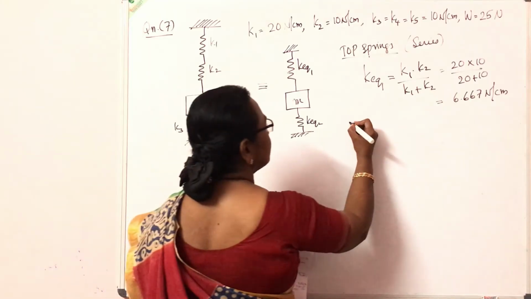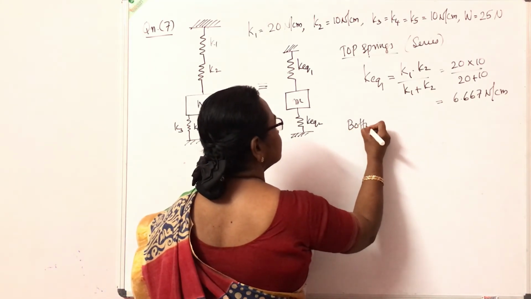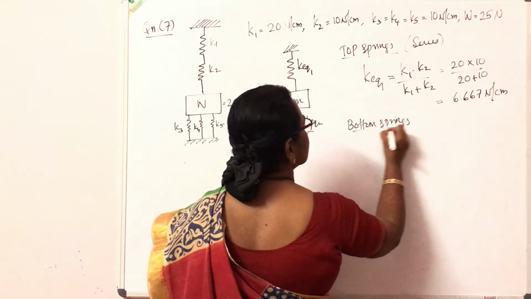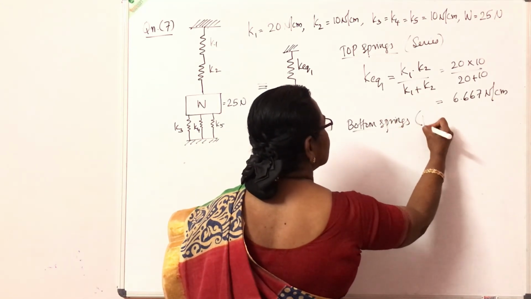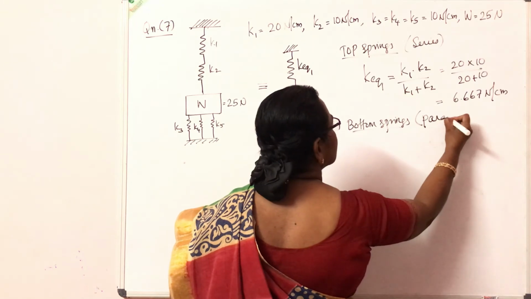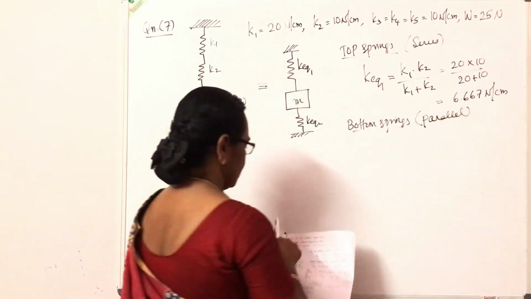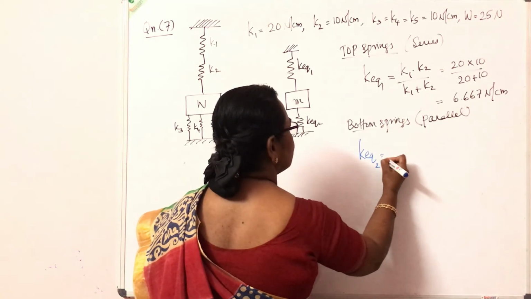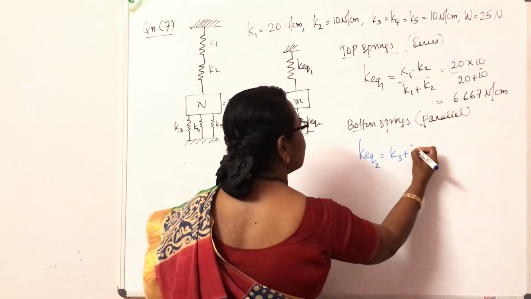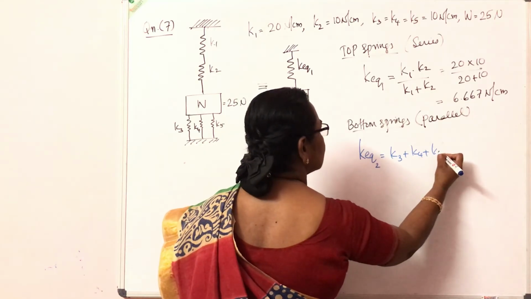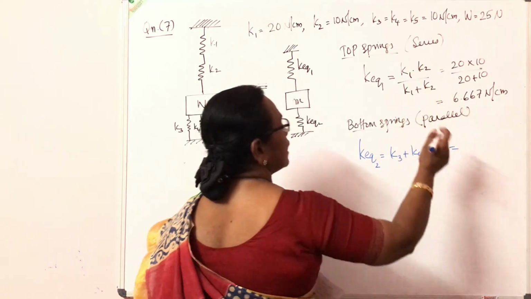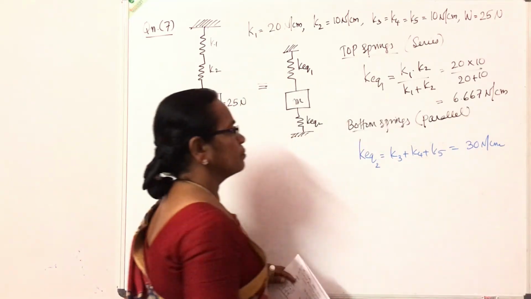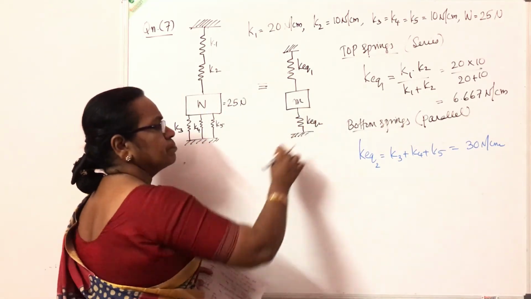Consider the bottom 3 springs. They are in parallel connection. So equivalent spring stiffness K equivalent 2 is equal to K3 plus K4 plus K5. Each of them is 10. So it is 30 Newton per centimeter.